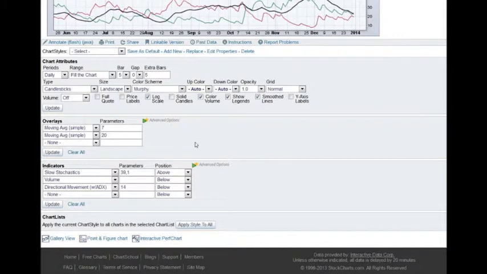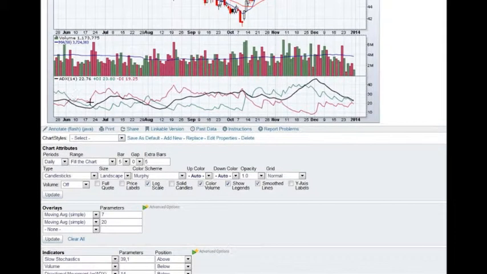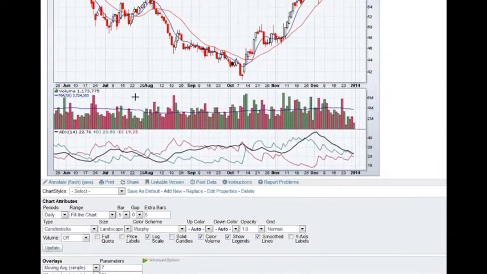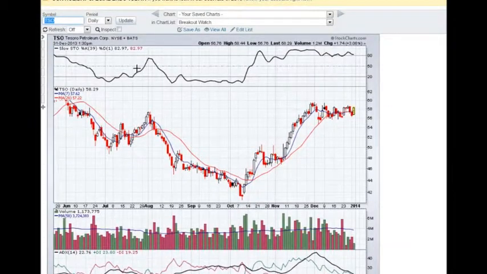I spent time playing around with it years ago, and one of the things I found is it was a really nice replacement for the directional indicator on the ADX, and that it would actually give smoother signals and fewer whipsaws.